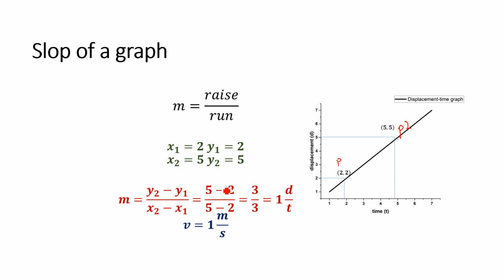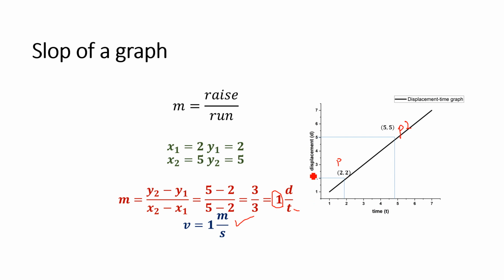Substituting the values, we will get 5 minus 2, and x2 is 5 and x1 is 2, so we have 5 minus 2, and that is equal to 3 divided by 3, and 3 divided by 3 is equal to 1. So the slope of the line is equal to 1, while here the y coordinate is d and the x coordinate is represented by t. So d by t we know is velocity, so velocity is equal to 1 meter per second. So the slope of a displacement time graph is velocity.